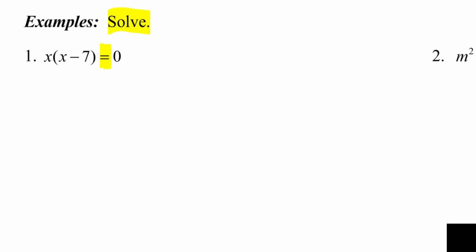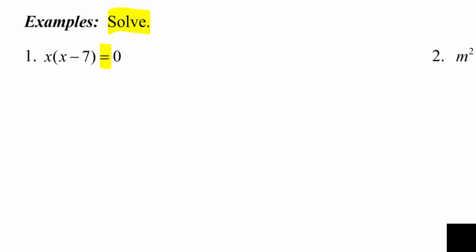We have the quantity x and we have the quantity x minus 7, and they're being multiplied together to equal 0. So we just talked about this zero product property that told us the only way that you can have these two quantities multiply together to equal 0 is if one or both quantities started out as 0.